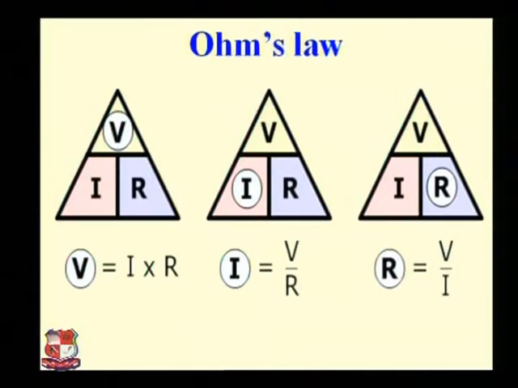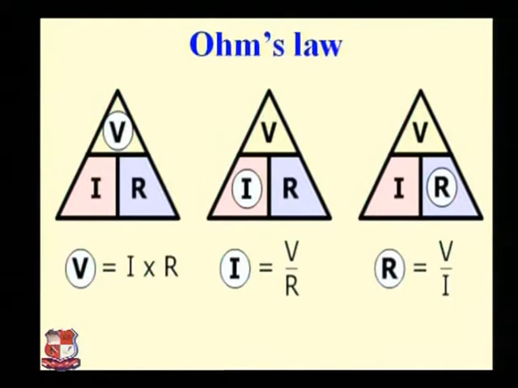We can easily understand Ohm's law by Ohm's triangle. The 3 quantities, voltage, current and resistance, are put as shown in the figure. If I want to find the voltage across the conductor, then the equation becomes V equal to I into R, as shown in the figure.